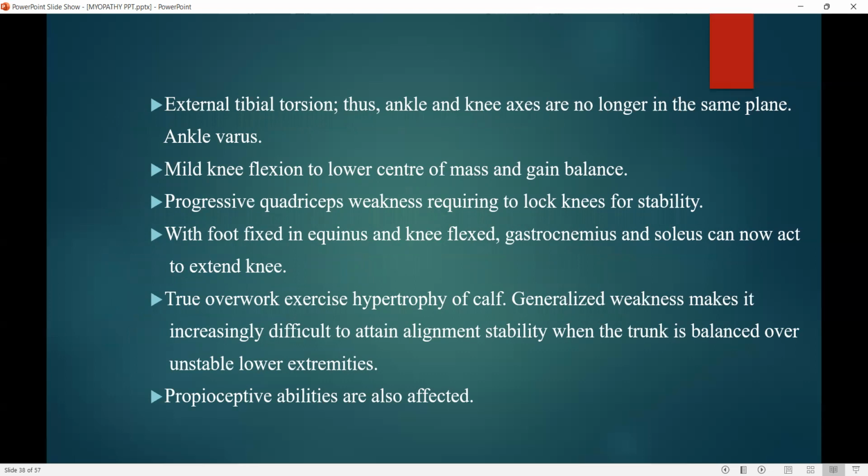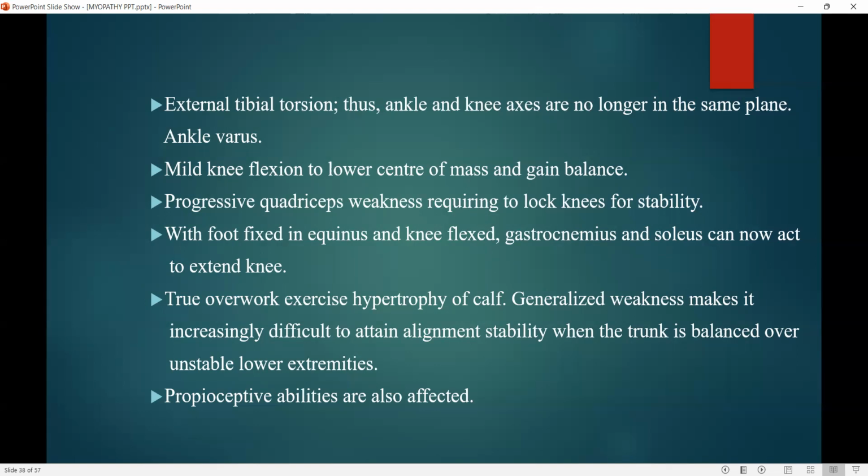Progressive quadriceps weakness requires the patient to lock the knees for stability. With the foot fixed in equinus and the knee flexed, the gastrocnemius and soleus can now act to extend the knee. Through overwork, there is hypertrophy of the calf. Generalized weakness makes it increasingly difficult to attain alignment and stability when the trunk is balanced over unstable lower extremities.